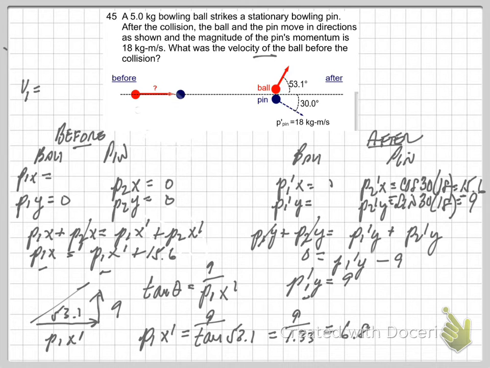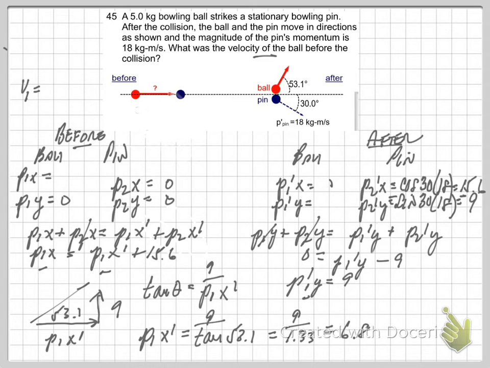So we have the final momentum for P1 in the x direction of 6.8.